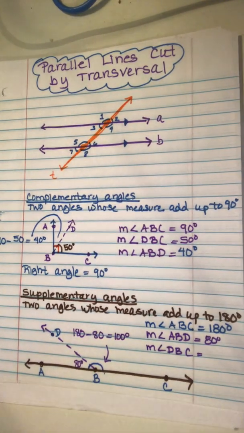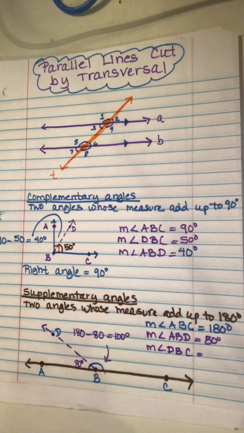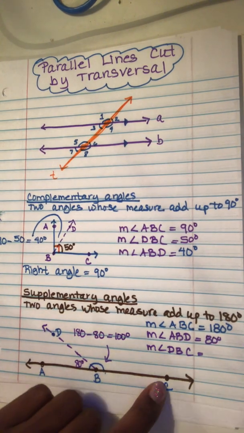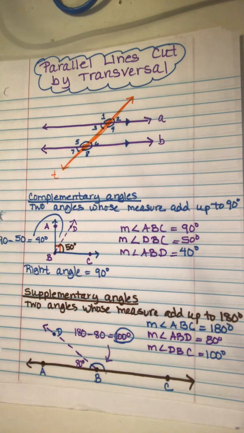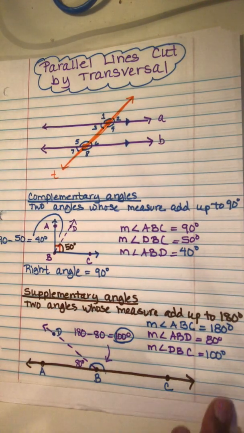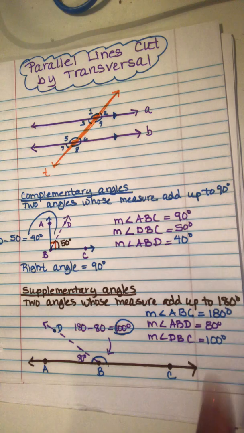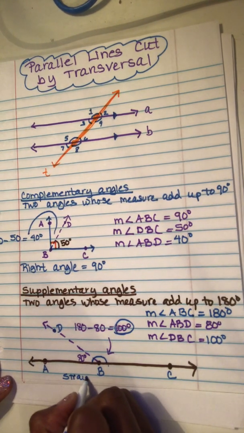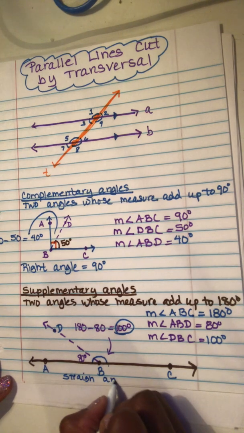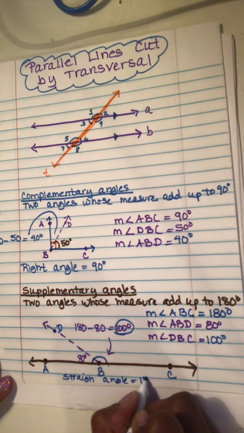So the measurement of angle DBC is going to be 100 degrees. Okay, and we're able to do that because we know that a straight angle equals 180 degrees.